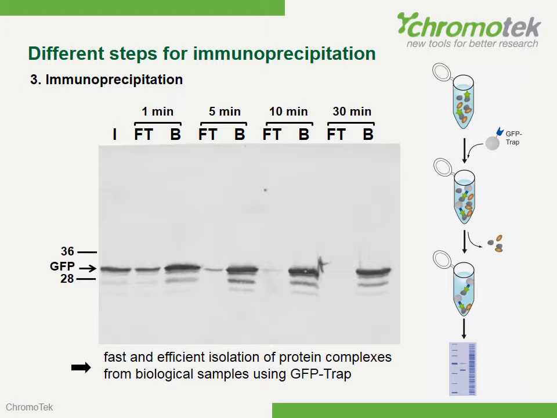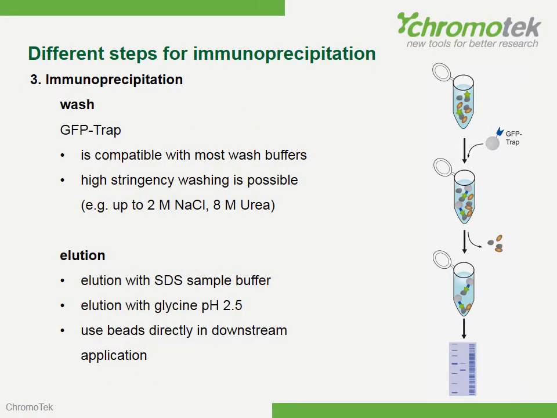To reduce your background in IP, you might have to wash with really high stringency. Using the GFP-Trap, you can increase the salt concentration in your wash buffer up to 2 molar NaCl, or you can even wash with 8 molar urea.